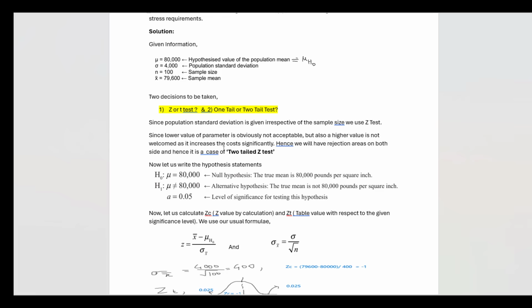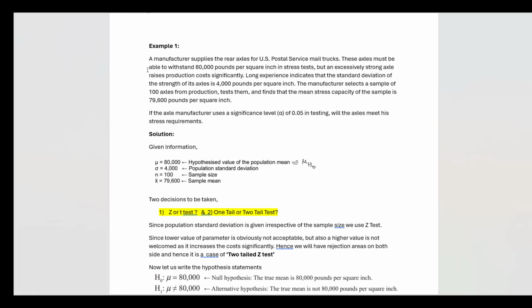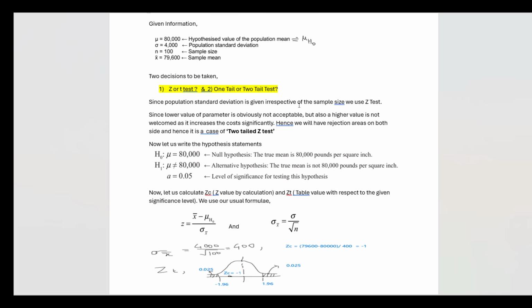Also, if you read the explanation clearly, obviously the requirement is 80,000, so less than that is obviously not acceptable. But this statement clearly mentions that if you increase it beyond 80,000, then the production cost increases significantly, and hence even on the higher side we are not going to accept it.